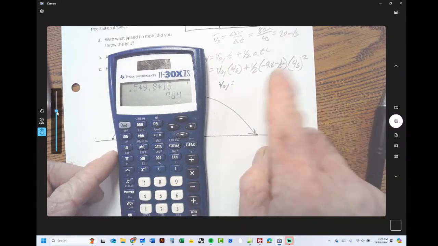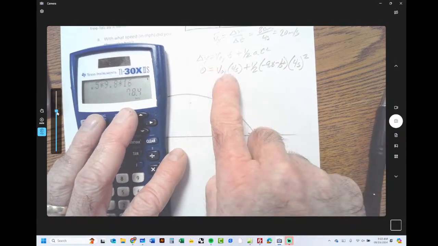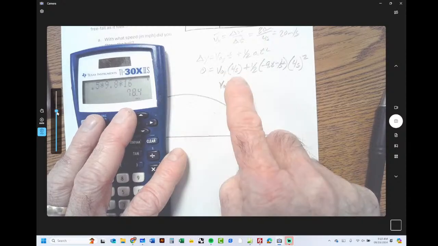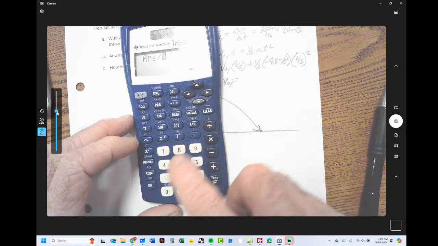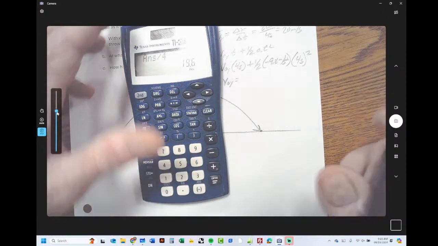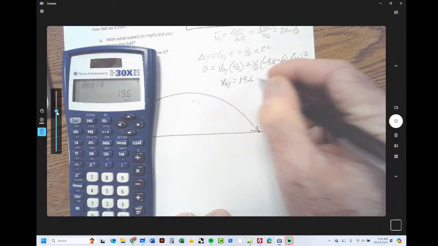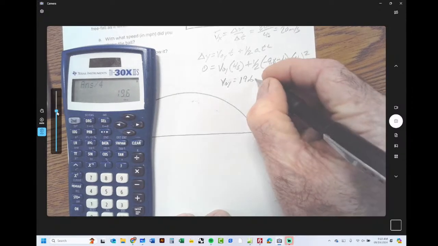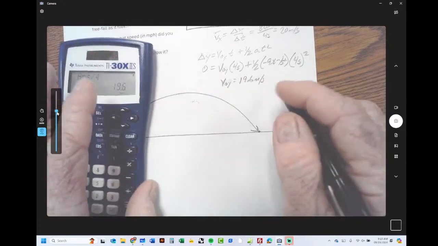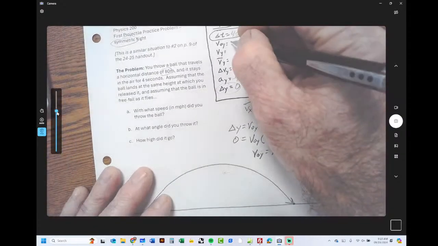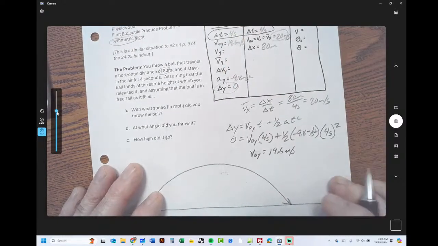So I get 78.4. So this is negative 78.4. And I would basically move that to the other side. Both sides would be negative. I'm going to divide 78.4 by 4. And that gives me 19.6. Can somebody confirm, does that sound right for V0y? Everybody else done that? Okay. All right. So we know V0y is 19.6 meters per second.